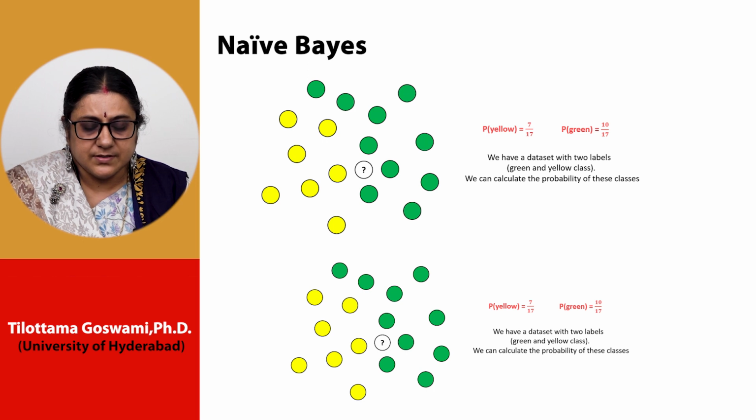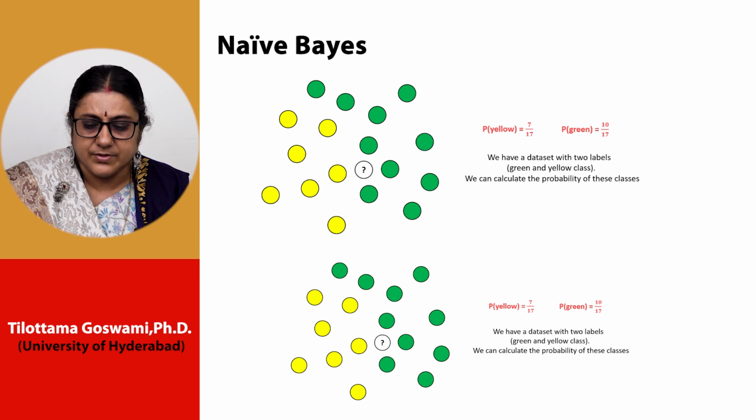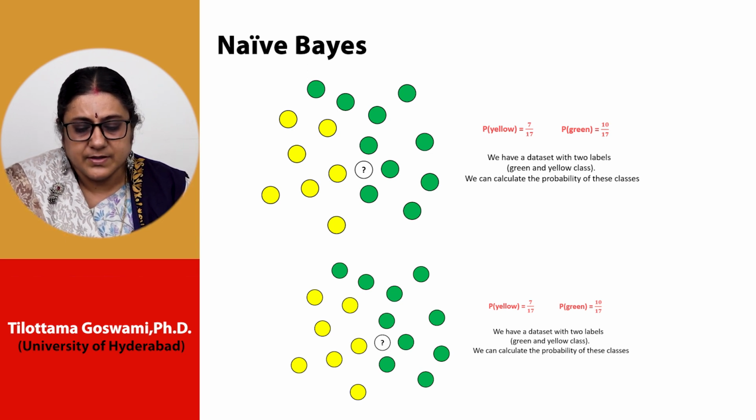Similar to that, P of yellow, P of green we have already computed, and then we can have a conditional probability, which is P prime, and we want to know what is the color of this question mark circle.